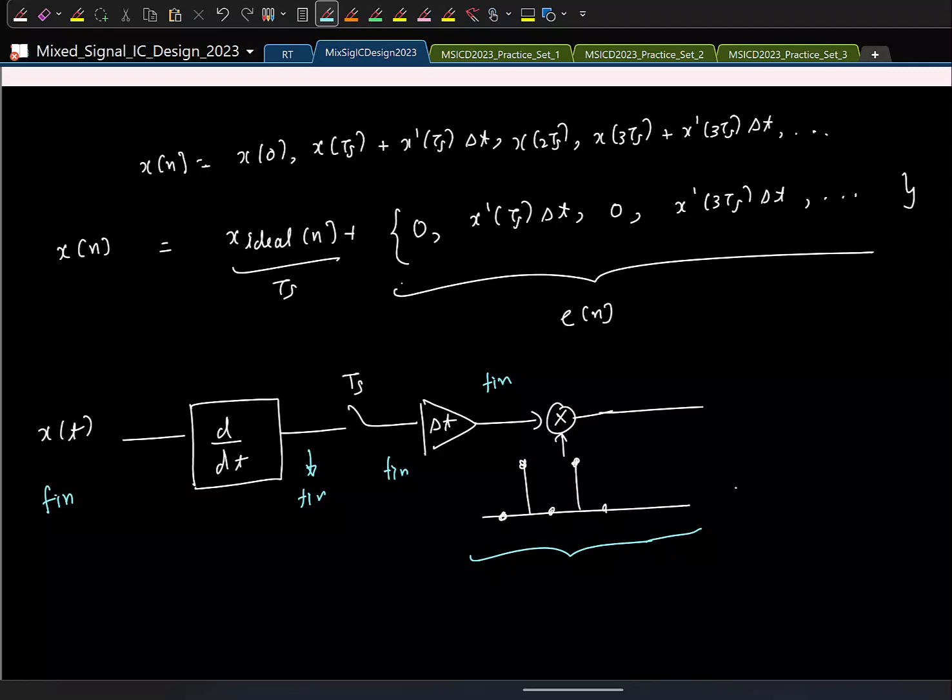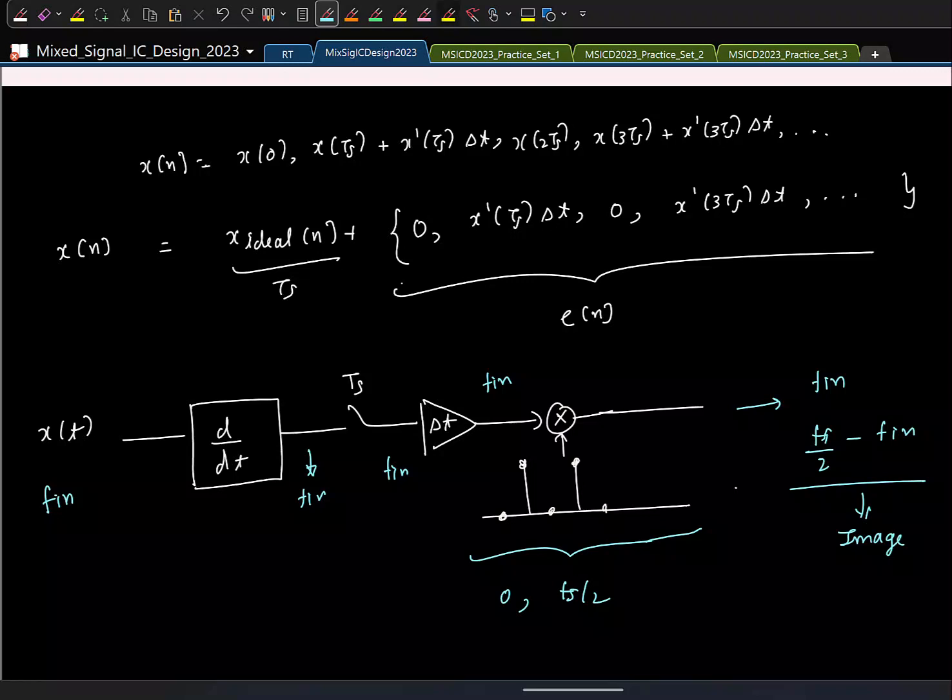In continuous time frequencies, it's 0 and fs by 2. I multiply these two. What are the images I'll get here? I'm multiplying a sinusoid at DC with a sinusoid at Fn. I'll get back my signal at Fn. That's okay for us. And the other thing I'll get is basically the image again.